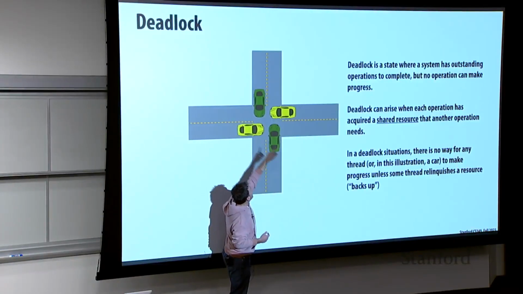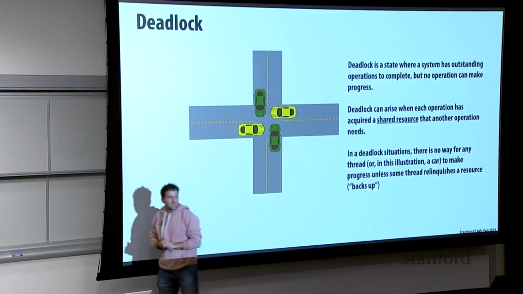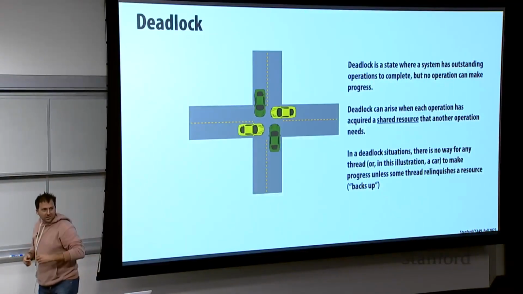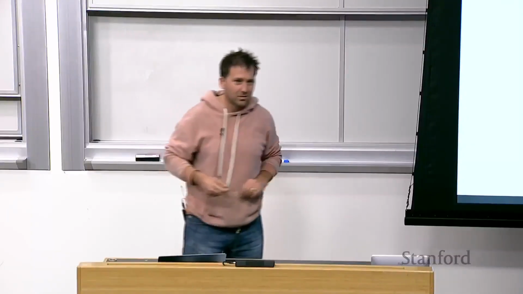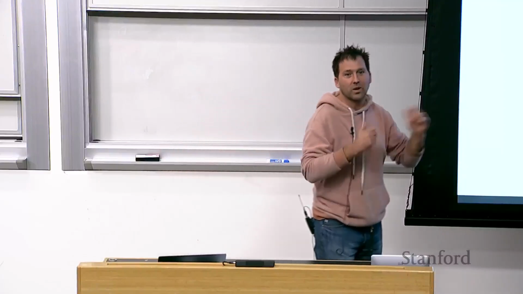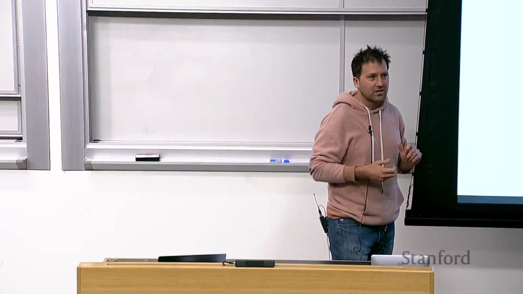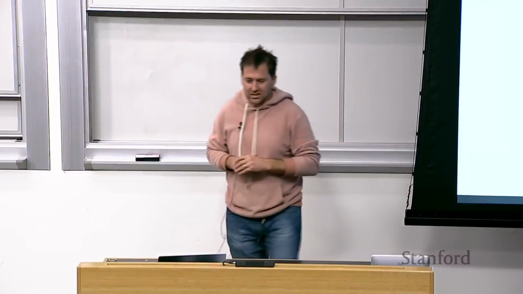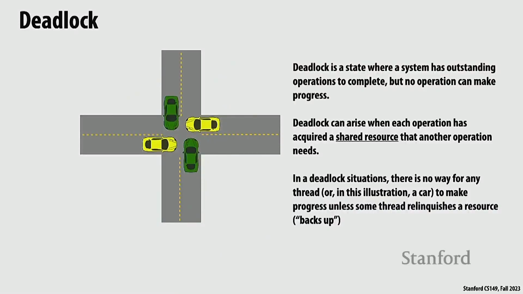And finally, we have a circular set of dependencies. I can't go because I'm waiting on you. You can't go because you're waiting on someone else. They can't go because they're waiting on me. You need all of these conditions to hold in order for there to be deadlock.